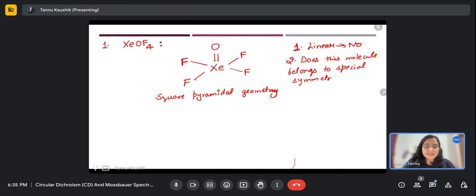Even if a molecule has tetrahedral or octahedral geometry, it doesn't mean that it will have the tetrahedral or octahedral symmetry point group. So this molecule doesn't belong to special symmetry groups.